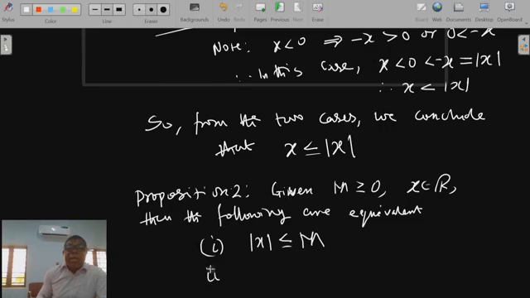And 2 is that minus m is less or equal to x less or equal to m.